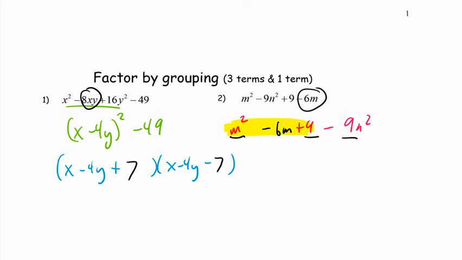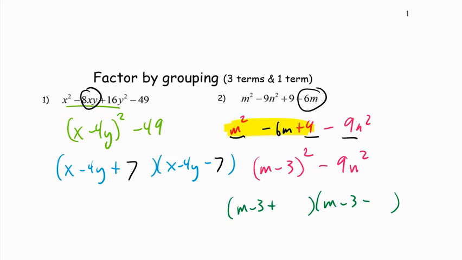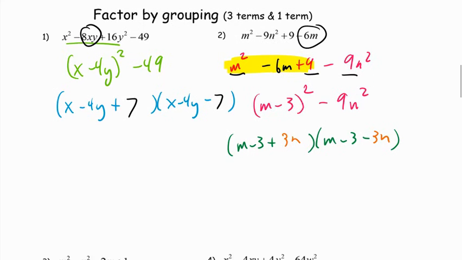That's our perfect square trinomial, which factors to m minus 3 squared minus 9n squared. So I have m minus 3 plus 3n, m minus 3 minus 3n. And done.